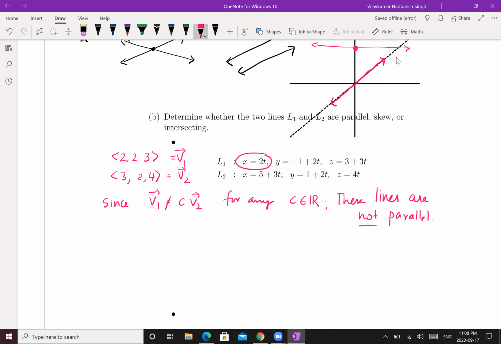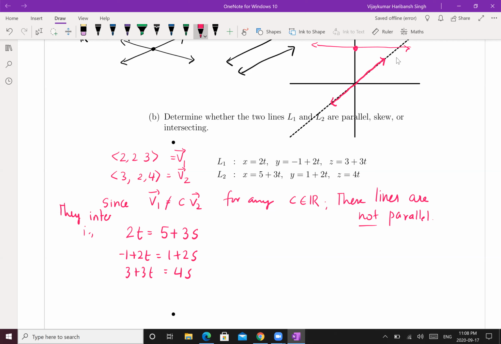They may not intersect at the same time, so we should use different parameters for the two lines, t and s, and equate coordinates. That gives 2t equals 5 plus 3s, then 1 plus 2t equals 1 plus 2s, and then 3 plus 3t equals 4s, and see if they intersect.